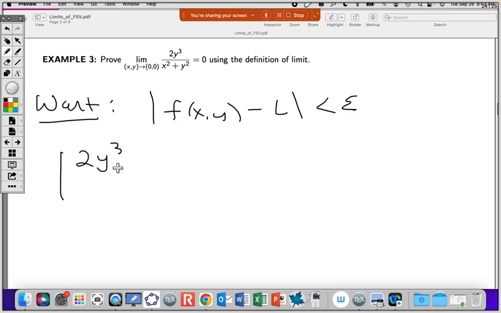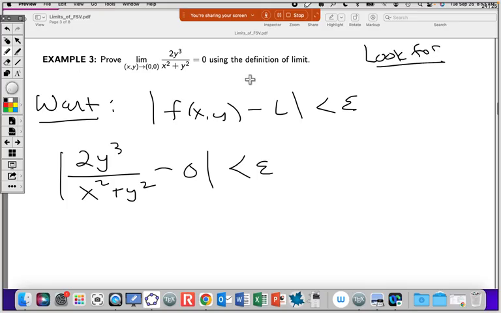So we want |2y cubed over x squared plus y squared minus 0| to be less than epsilon. And then what we look for is the distance to the origin to be less than, I'll write it down here, delta. So we have to find our delta somehow.